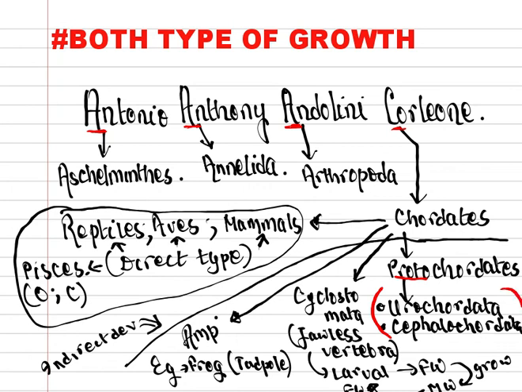The urochordates are also called tunicata because they have an outer layer of tunicin. I am just mentioning it here, you can write it down if you want. It is not mentioned in NCERT. Urochordata means outer layer of tunicin. Sorry, a spelling mistake.